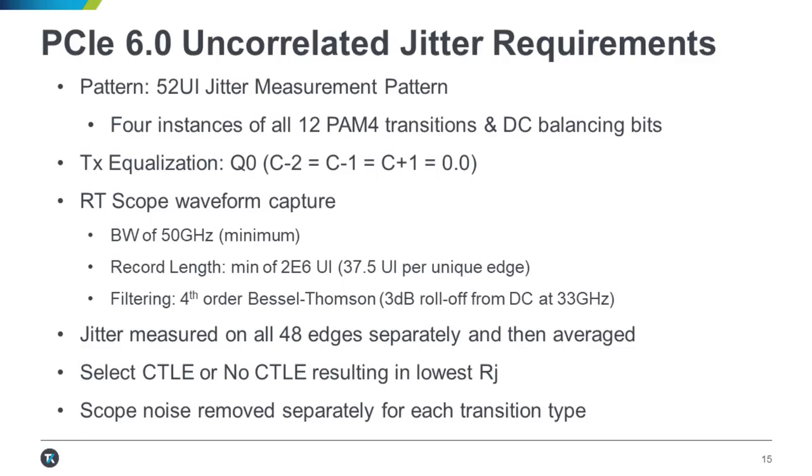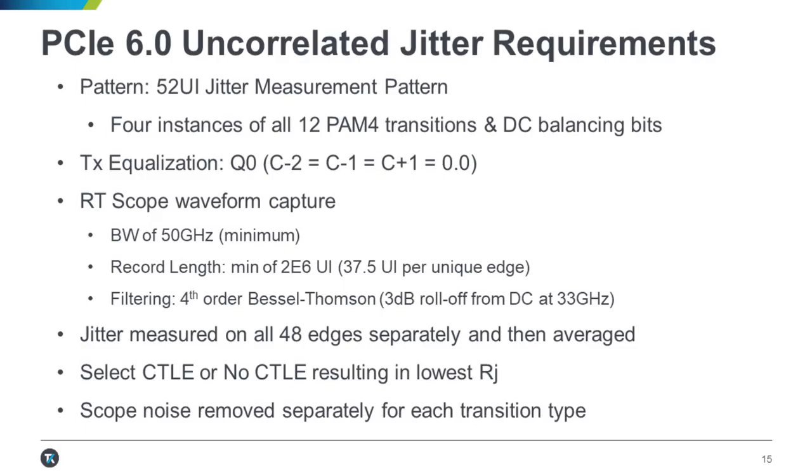Once we get those results, we take them across all the edges, average the results together, and that's what we check for pass-fail in the spec. But it still allows us to do that more improved method of noise compensation, right? A lot of work has gone on here, and we definitely feel like we've gone in a good direction, and data that's been presented publicly is encouraging and supports that as well.